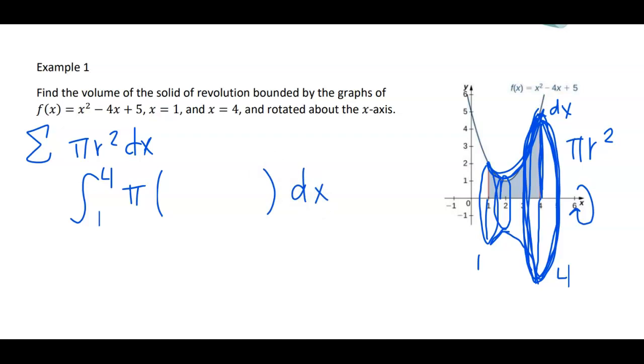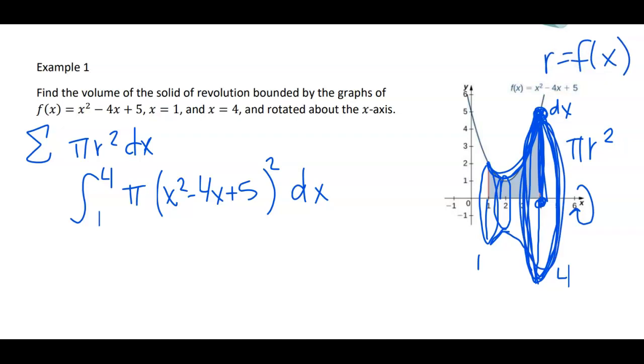So my radius is my distance between my function and the x-axis. So it's just going to be my function squared, because in this case, again, r is equal to your function value, and that's what we're revolving around to make those disk pieces.